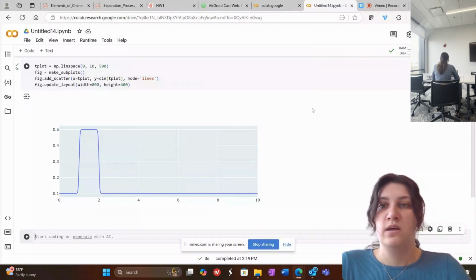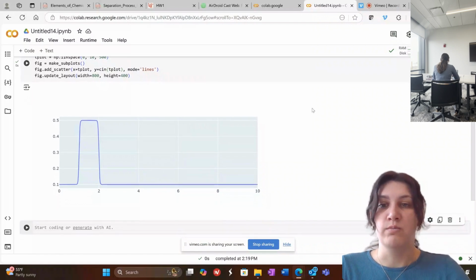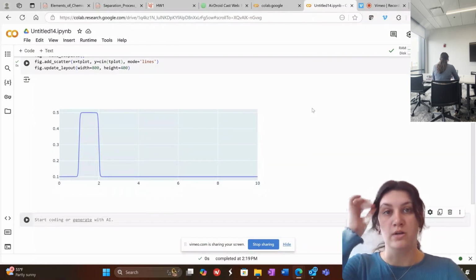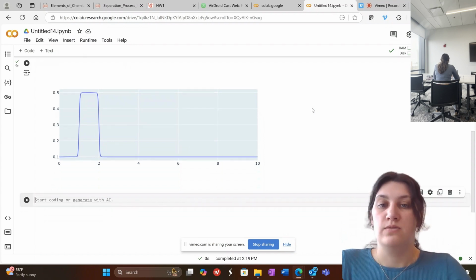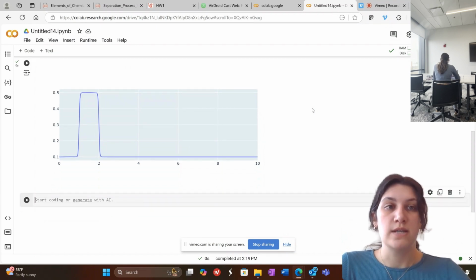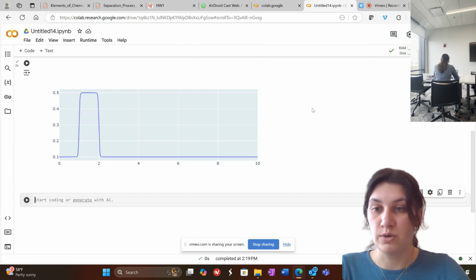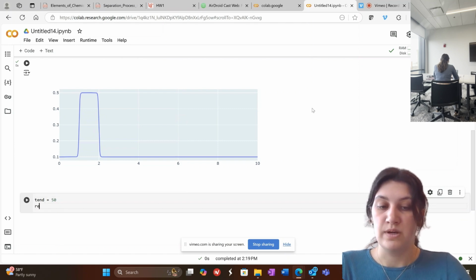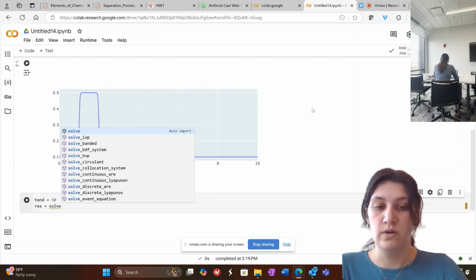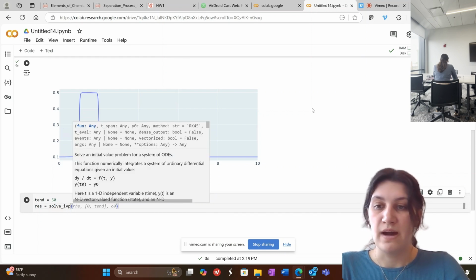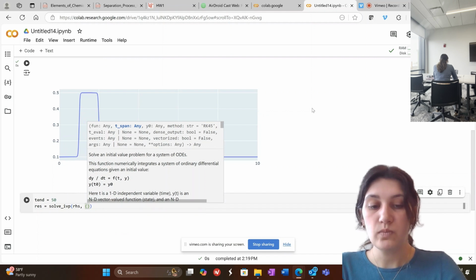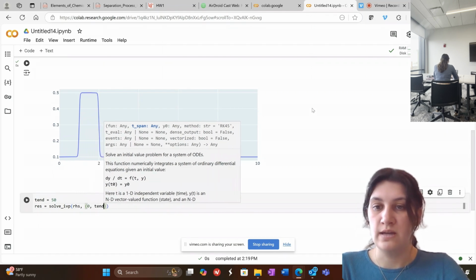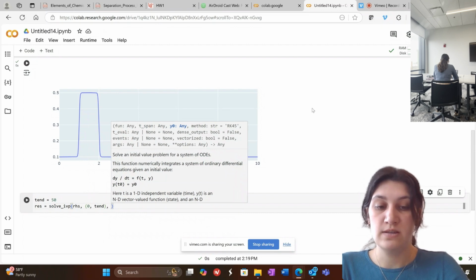Now that we have this established and we know that our model is working correctly so far, we can move on to plotting this with concentration versus time on the x-axis. First thing we need to do is our solve_ivp. For this, we know we're going to need a t_end, so we're going to put that at 50. And we have res equal to solve_ivp. Our function is our right hand side. Our time is 0 to t_end. Our initial guess is c naught.